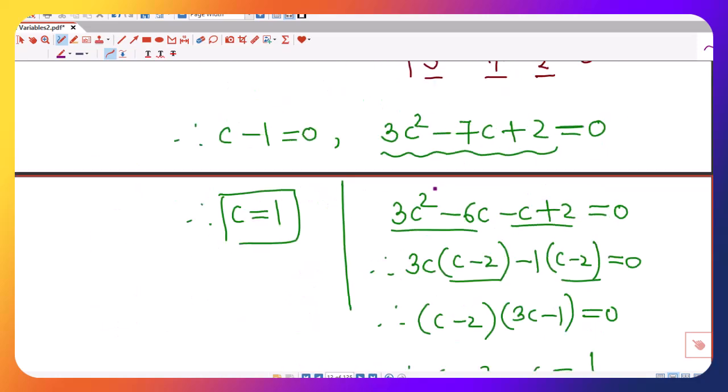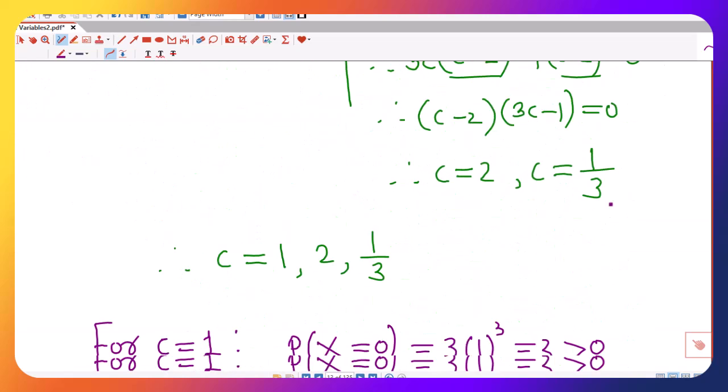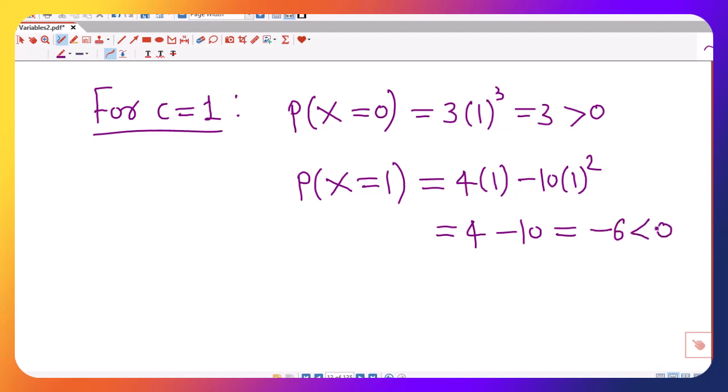For x equal to 1, PMF is 4 times c minus 10 times c square. So 4 times c, that is 4 into 1 minus 10 times square of c, that is 10 into 1 square. If I simplify this, I find that probability is negative. So we reject this value. We reject c equal to 1.